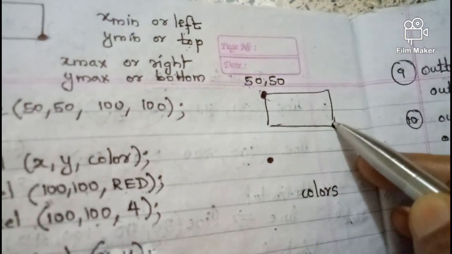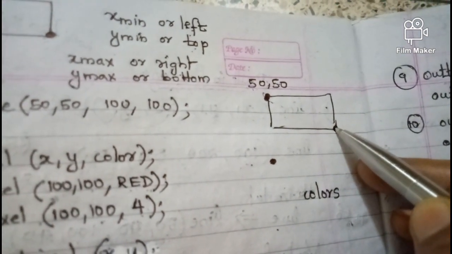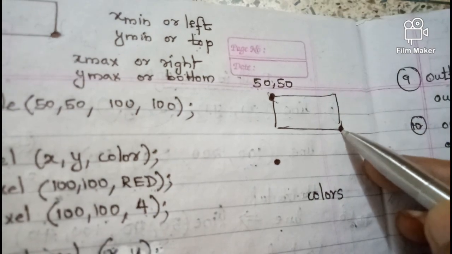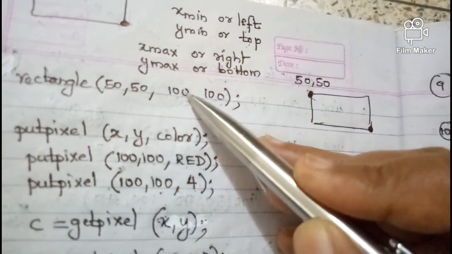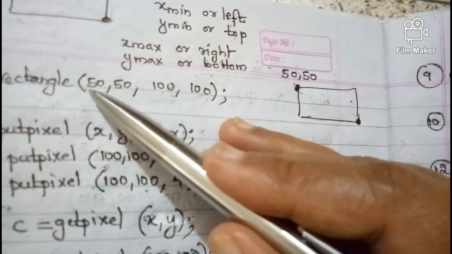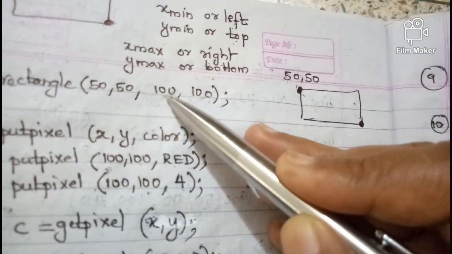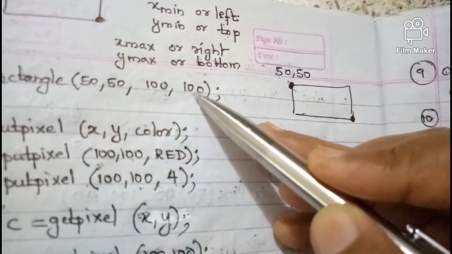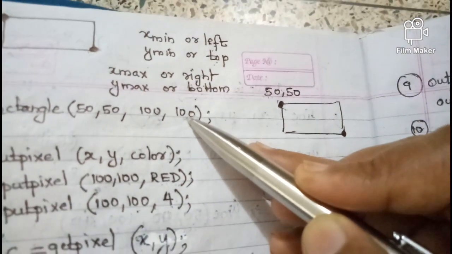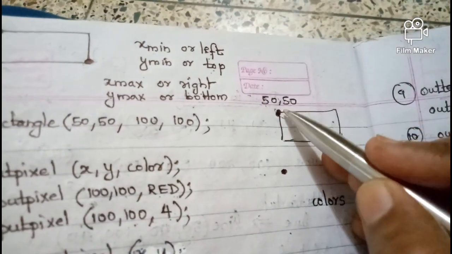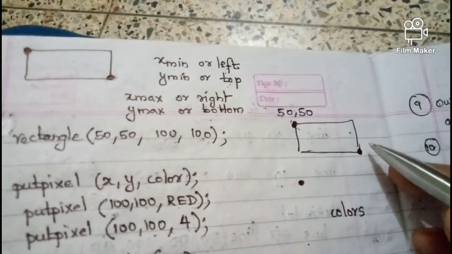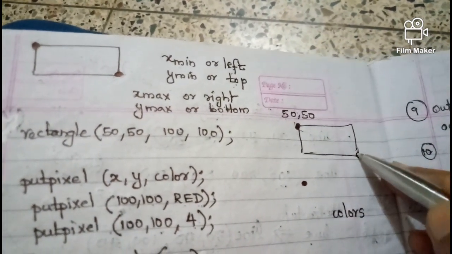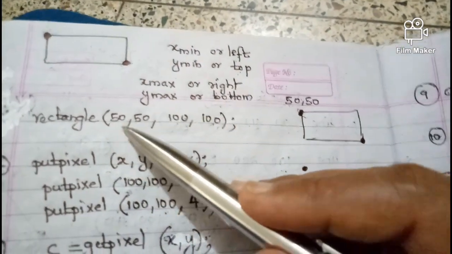If we move rightwards, then x should increase, and if we are moving downwards, y should increase. So from the initial point, x increased and y increased. An increase in x indicates moving towards the right, and an increase in y indicates moving downwards. So in this way, just by specifying the left top corner point and right bottom corner point, we can easily draw a rectangle. Clear?